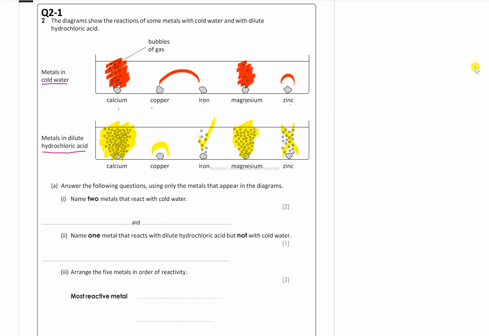So just based on that, what can we say? Two metals that react with cold water: calcium and magnesium. One metal that reacts with dilute acid but not cold water is iron.